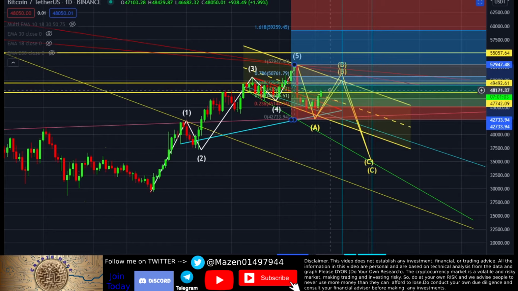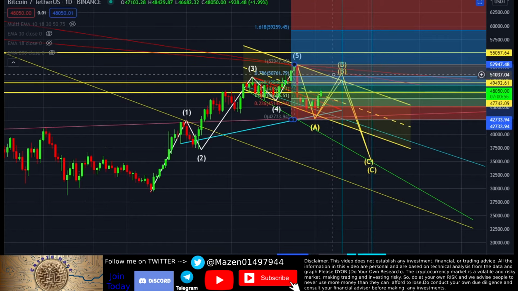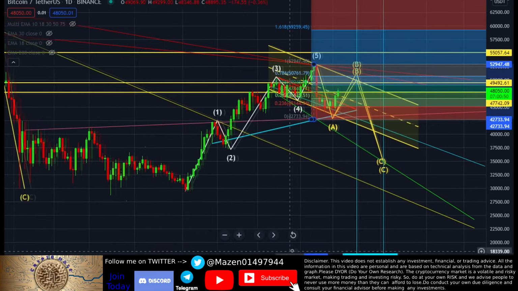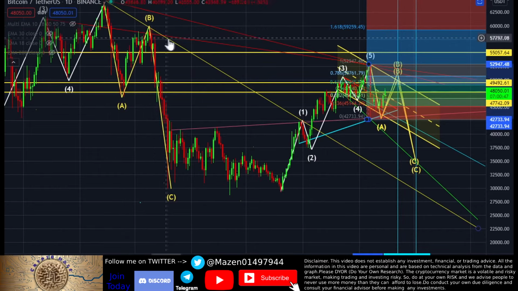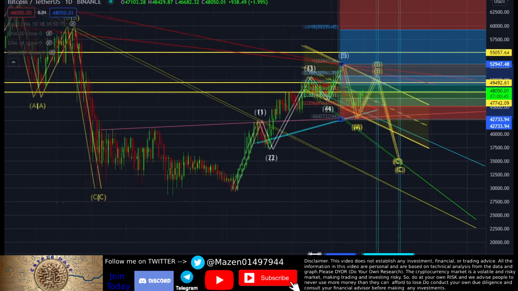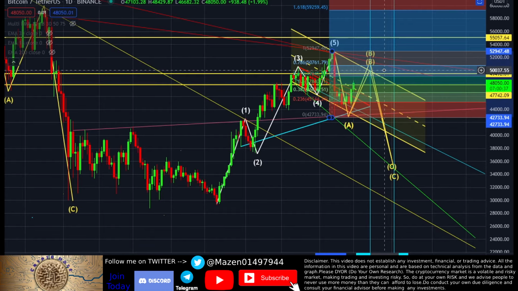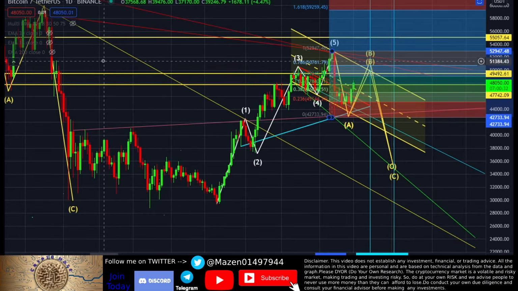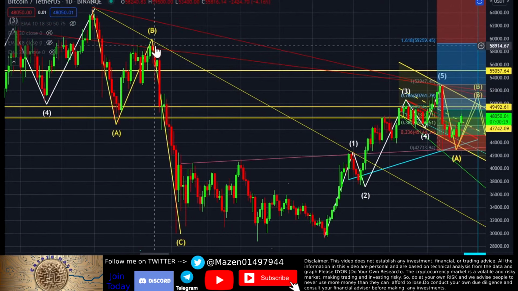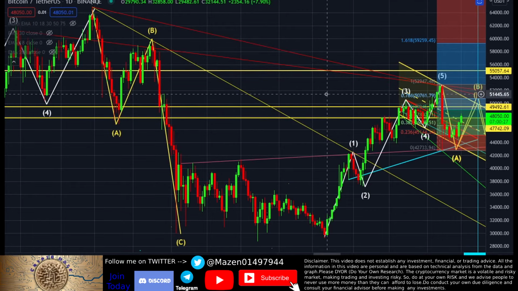So basically, wave B, according to Elliott, could take us anywhere between 0.5, which is the level we are at now, all the way up to at least this area right here, which is around 85%, which is also in confluence with this resistance trend line that I drew a while back, which is coming in around the 51.3k region. Another important area to watch out for is this 50k region, which, believe it or not, is exactly the same fib ratio as our second top right here, our B top during our rally.